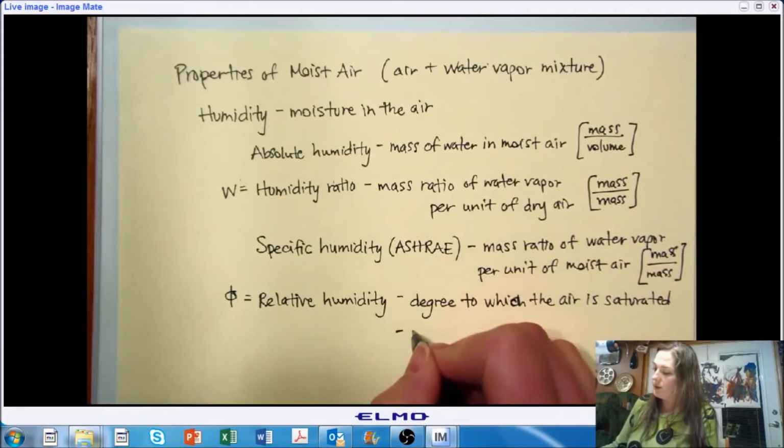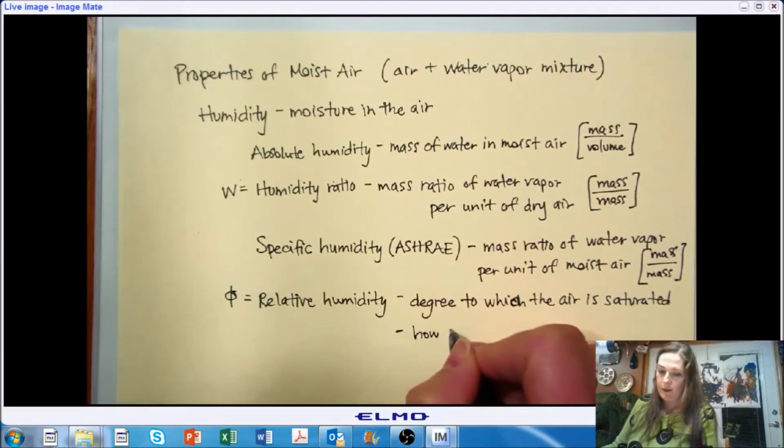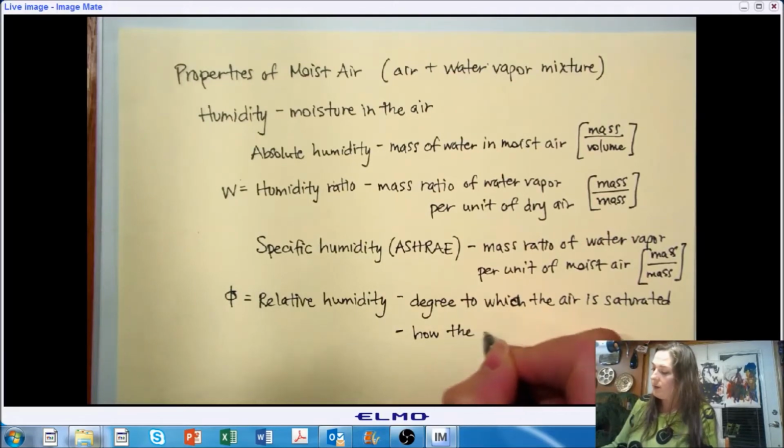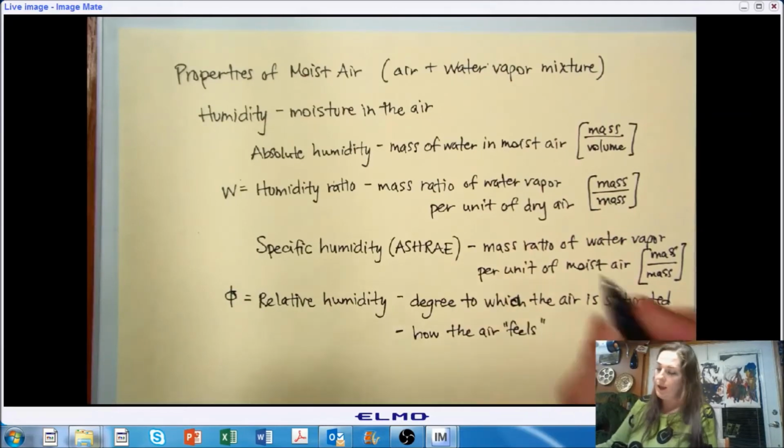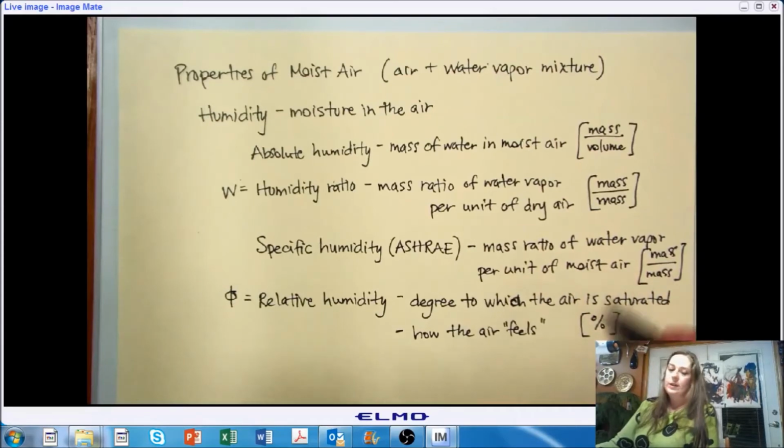It's often referred to as how the air feels. And it's represented as a percent. So essentially, how much moisture is in the air compared to how much moisture could be in the air.